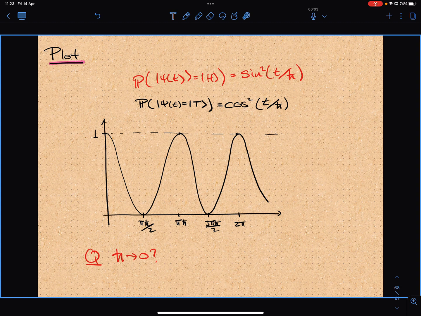Then when you take the classical limit as h bar goes to 0, you get the probability of being tails is 1/2, which is consistent with a classical coin. If you flip a coin, the probability of being tails is 1/2, and the probability of being heads is 1/2. So in some sense, I recover a classical coin by taking h bar to 0. And this is why I call this a quantum coin.